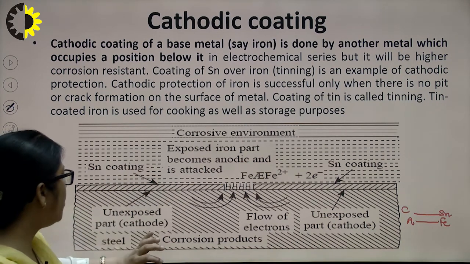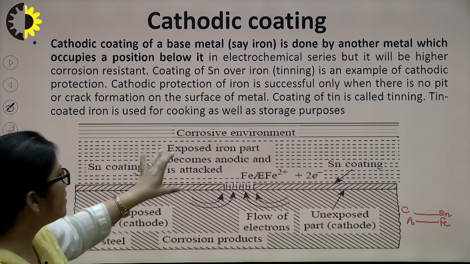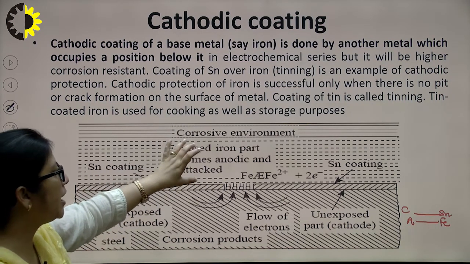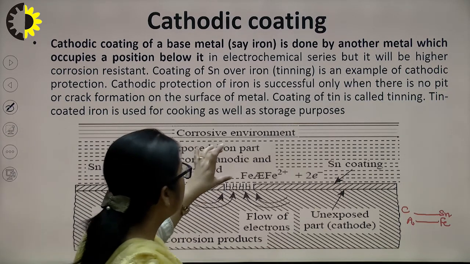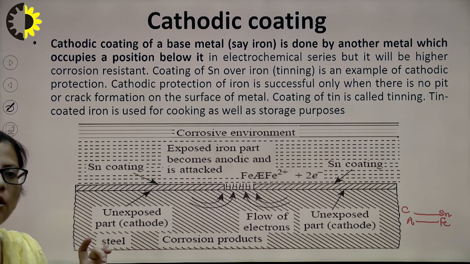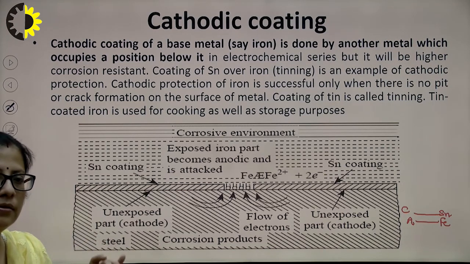So, this is how the tin coating is protecting, and if there is any exposed part of the iron, then it is going to get affected and corrosion will be concentrated on iron instead of tin, because tin is more cathodic in nature in comparison to iron.